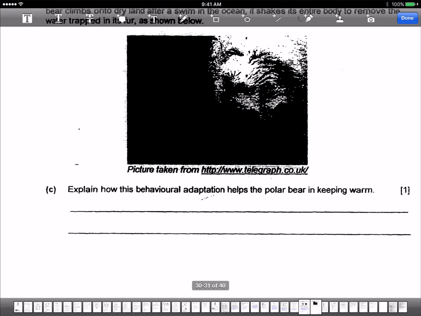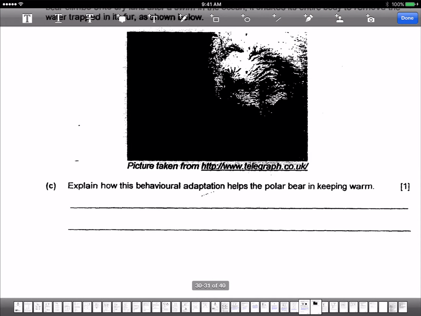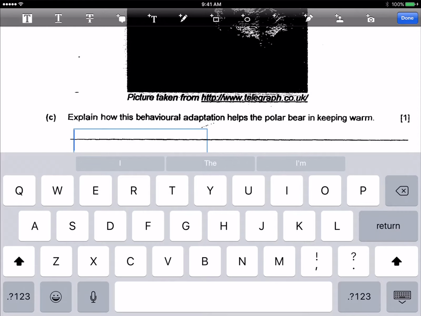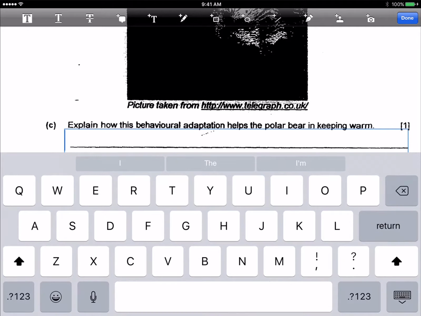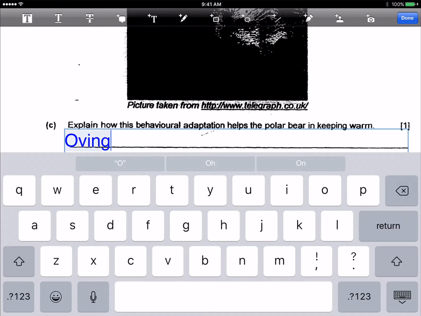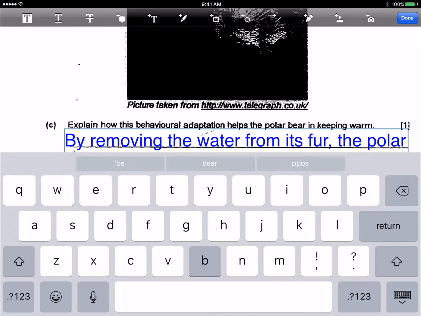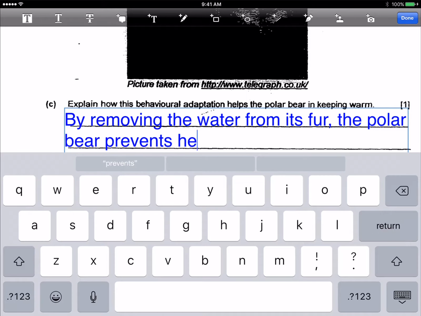Okay, that means it's time for a break. No, let's finish this. So by removing the water from its fur, the polar bear prevents heat loss when the water evaporates.